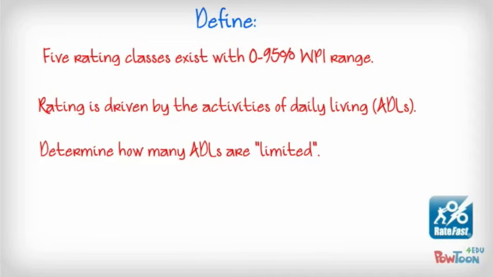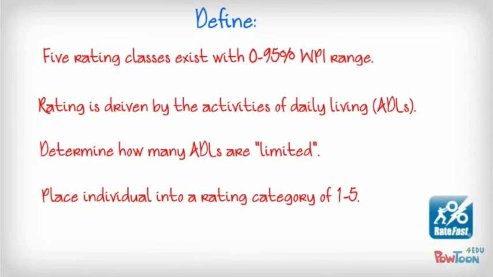Again, the key to working this table correctly is knowing that the activities of daily living must be limited. Once you know how many activities of daily living are limited, the individual can then be easily placed into a rating category between 1 and 5.